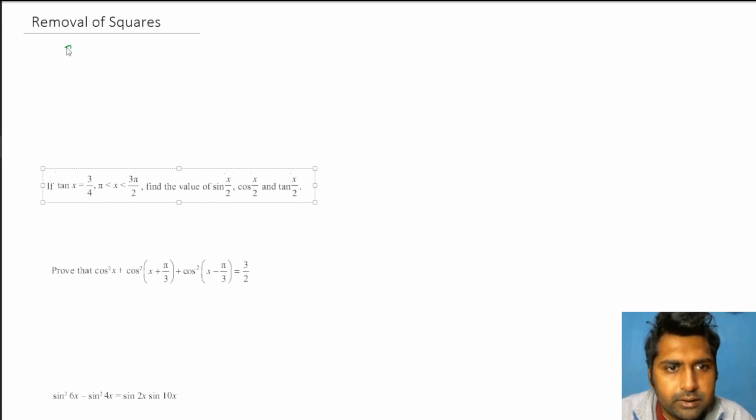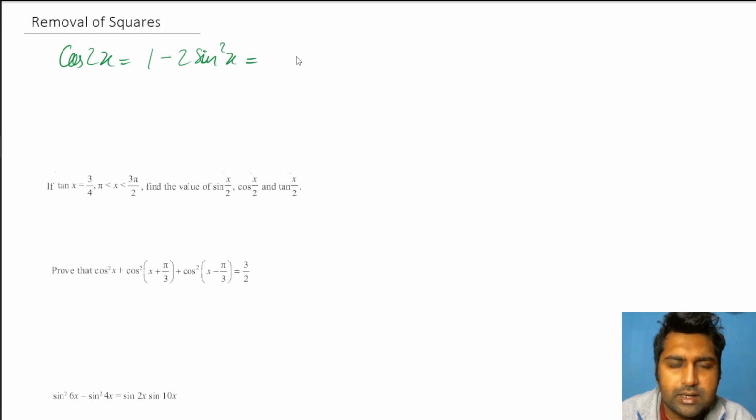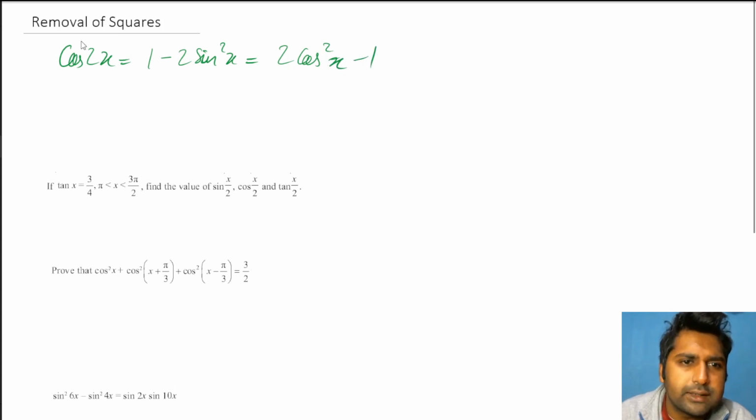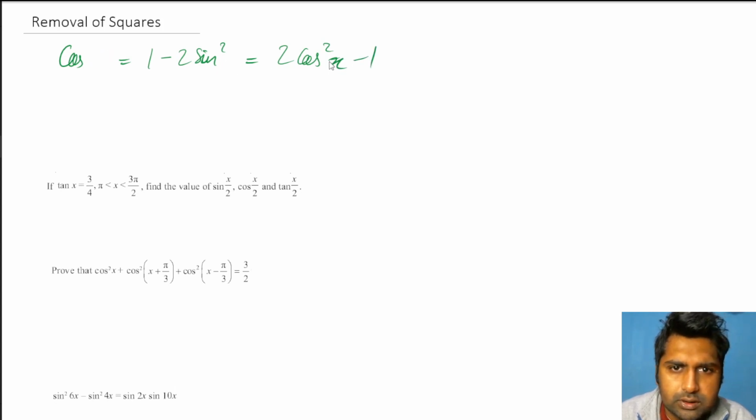So let's see. Cos 2x is equal to 1 minus 2 sine square x, as well as 2 cos square x minus 1. If I talk in terms of theta or a, 2a, so 1 minus 2 sine square a or 2 cos square a minus 1.